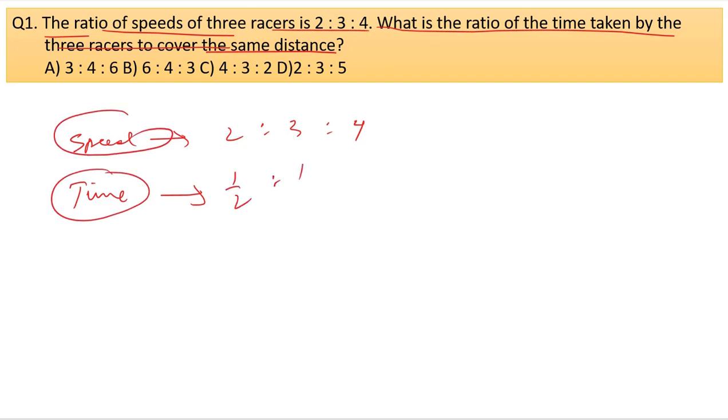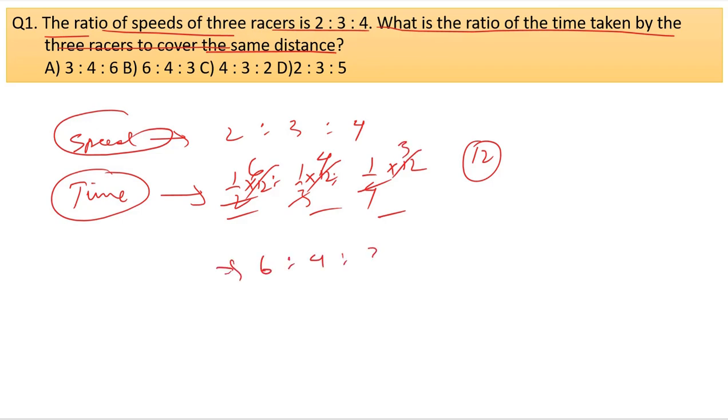So 1 by 2 is to 1 by 3 is to 1 by 4. Let us take the LCM of 2, 3 and 4, which is 12, and multiply it here. 12 into 1 by 2 is 6, 12 into 1 by 3 is 4, 12 into 1 by 4 is 3. So 6 is to 4 is to 3, therefore option B is the correct answer.